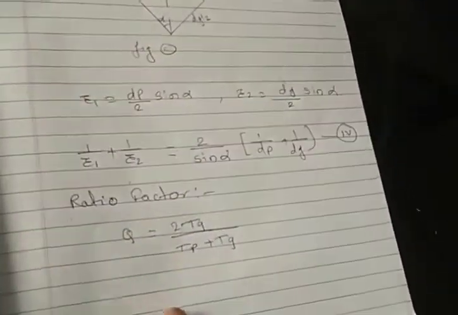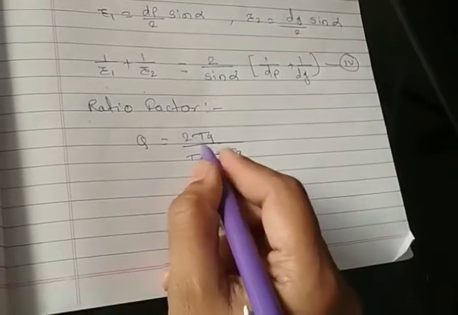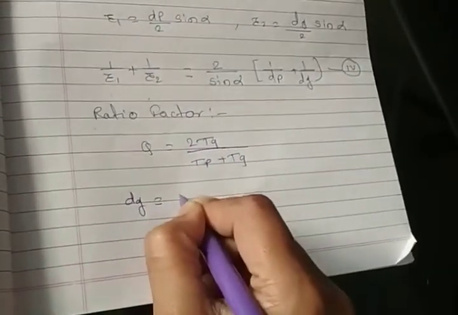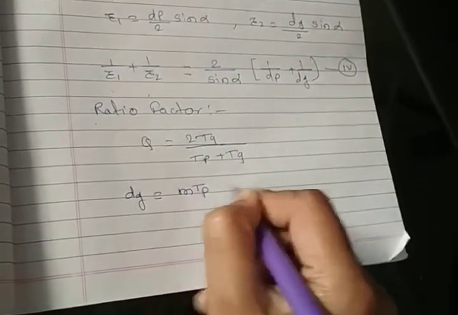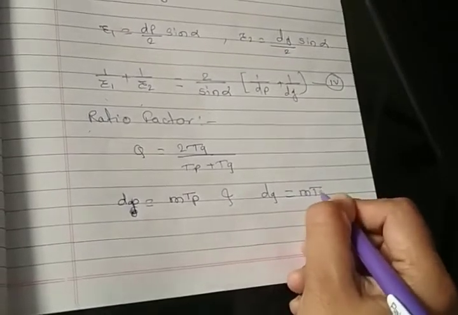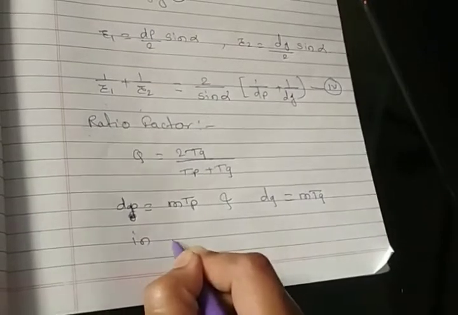So we'll get this ratio factor. Now let's put the value of dp equal to m Tp and dg equal to m Tg in the equation of Q.